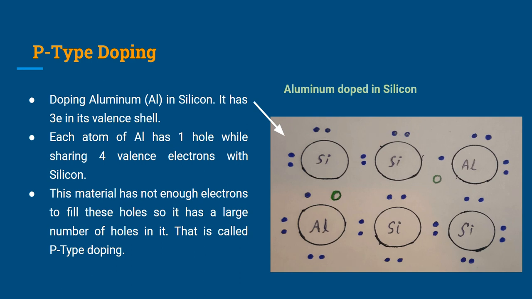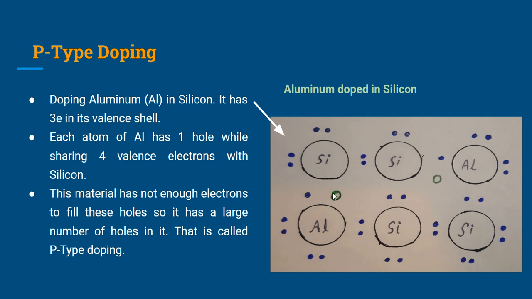And this is p-type doping. In p-type doping, we add aluminum, as aluminum has 3 electrons in its outermost shell. Here we can see very clearly 4 electrons for silicon, and 3 electrons for aluminum, which combine with the silicon, and silicon is short by one electron, and that becomes a hole.